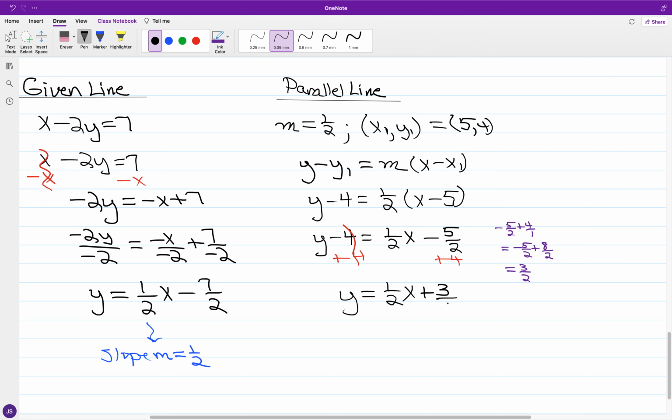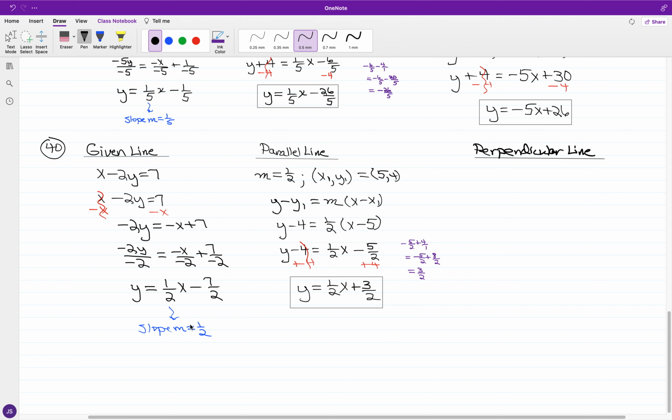And for what we have in the case of the perpendicular line, okay, for the given line, the slope is at 1/2, and for the perpendicular, the opposite sign reciprocal of 1/2 is going to be at -2.